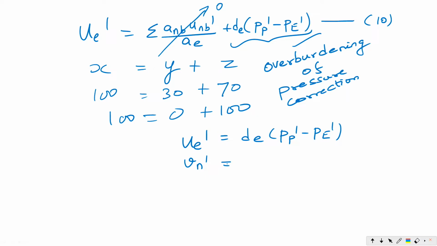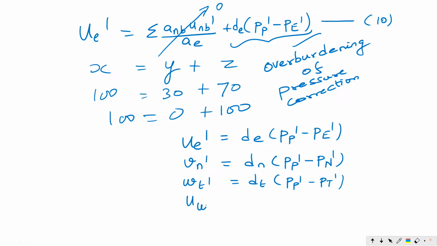So this Vn prime will be equal to dN of Pp prime minus Pn prime. What will be Wt prime? It will be dt of Pp prime minus Pt prime. What will be Uw prime?